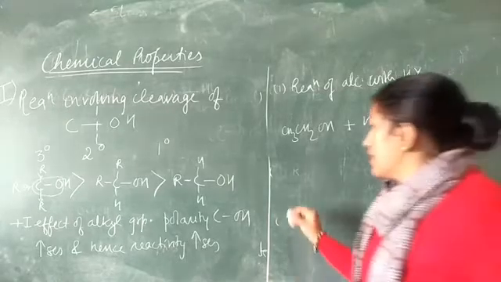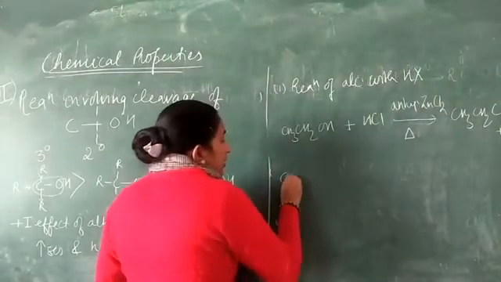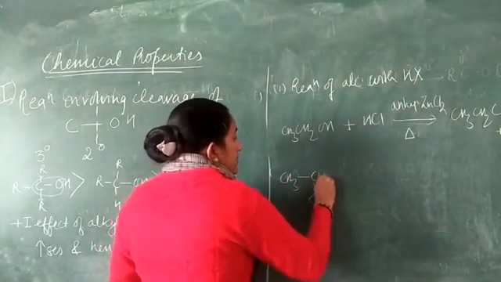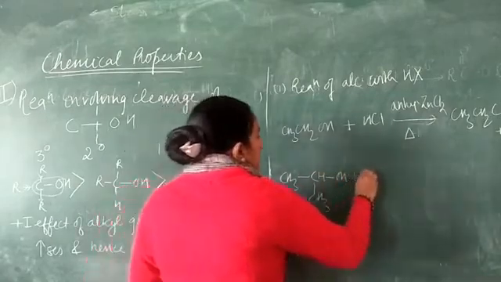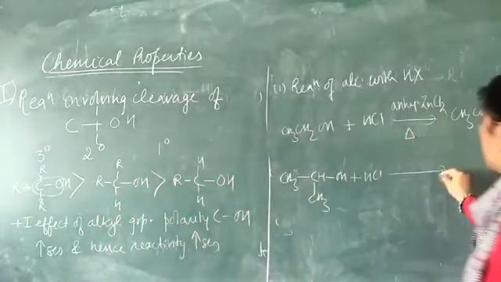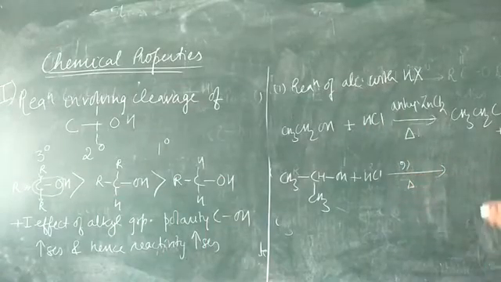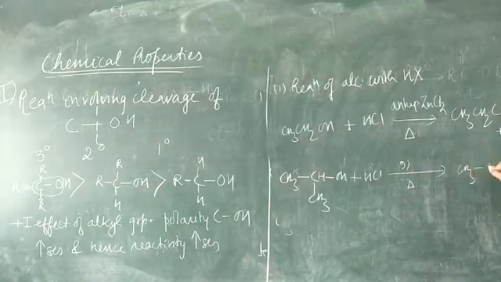Whereas if we take the secondary alcohol, here also we are using anhydrous ZnCl2 and heating. So here also we obtain the haloalkane, minus H2O, and H2O will be formed.